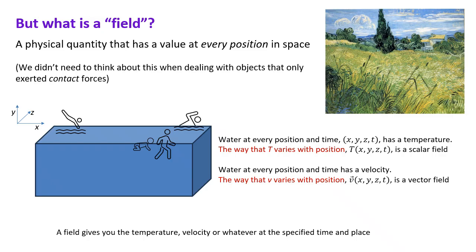But that wind velocity is not the same at every position in the field. It's slightly different here and there. And in physics, we describe a field as a quantity that actually has a value at every position in space.